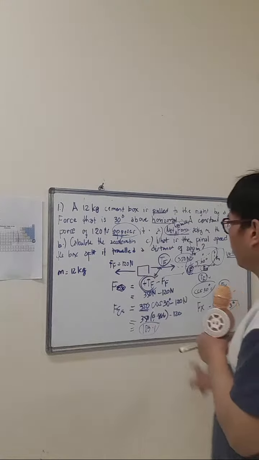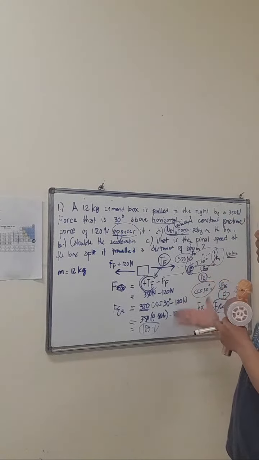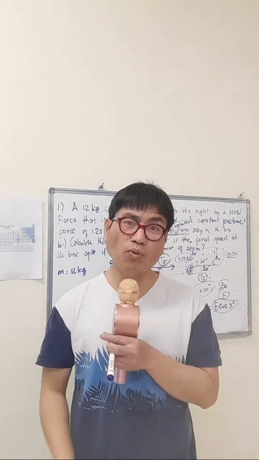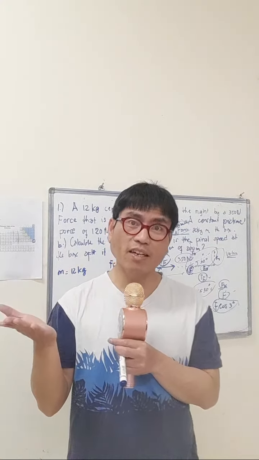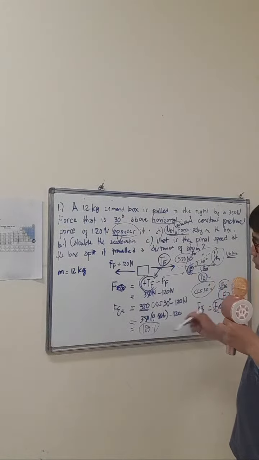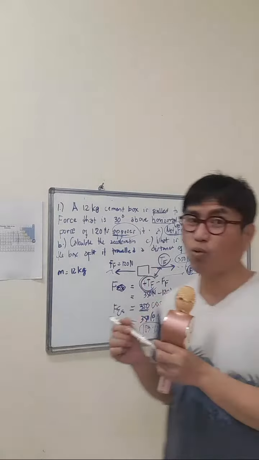Why so big? Because your net force needs to overcome your frictional force in order to move the object, or else it will never move. You get the point? Net force is 183.1 Newton, which is greater than your frictional force, which is your opposing force.